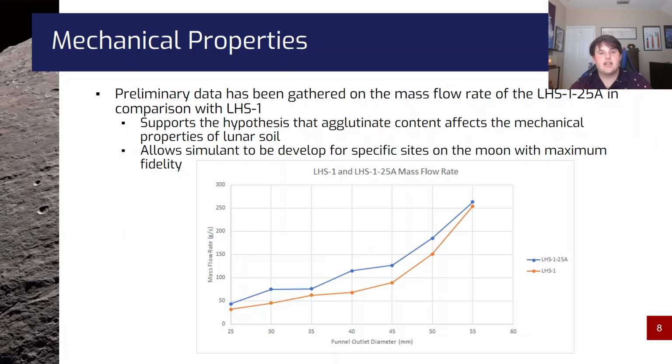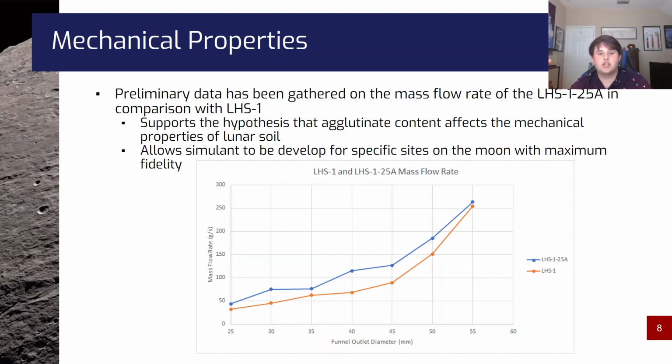Some of the mechanical property tests that have already been done on the agglutinates are flowability, which is shown here below, or mass flow rate. What we did is we compared LHS-125A to LHS-1 to see if adding agglutinates to the mixture changes anything.